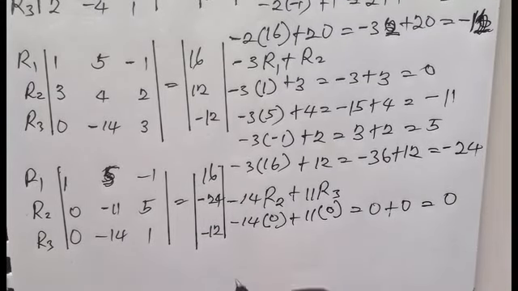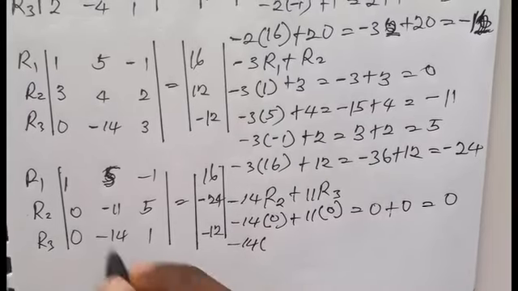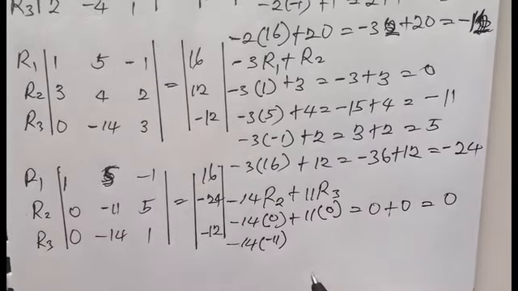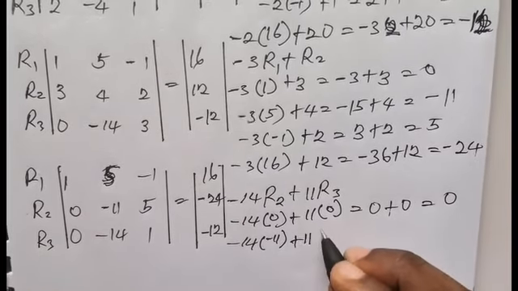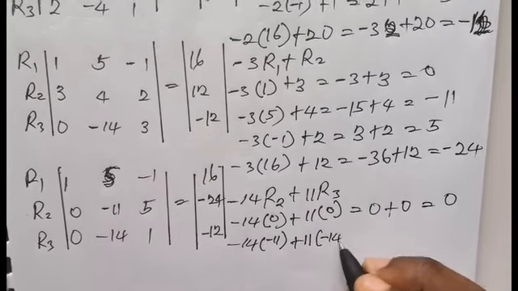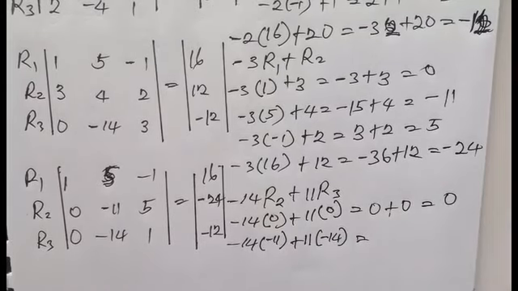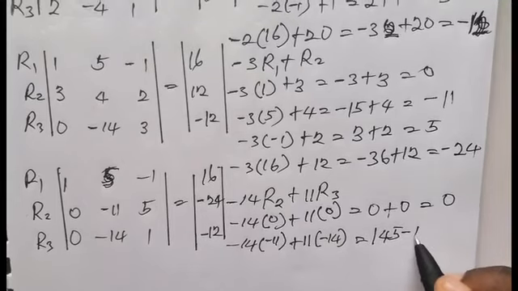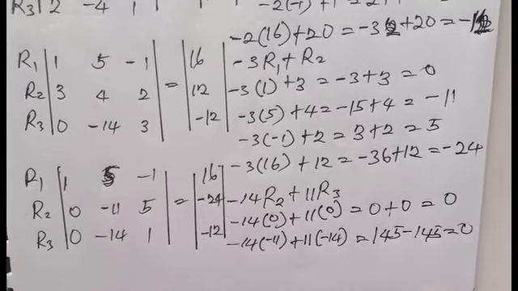Now, considering the second element, we have -14 times the second element there, which is -11 for row 2, plus positive 11 times the second element in row 3, which is negative 14. So negative 14 times negative 11 is going to give us 154, a positive value. Negative negative becomes plus. Then again, 11 times negative 14 gives us minus 154. So this is equal to 0.